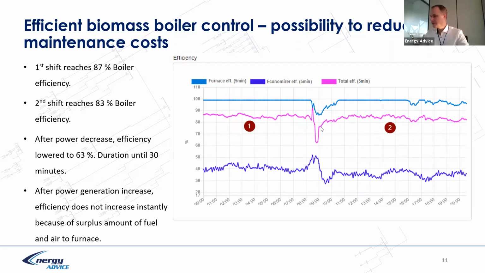You can see that the efficiency reached a steady, stable value not in the first half an hour, but only after nearly 2 hours. Why? Because the surplus fuel was added to the furnace, and this surplus fuel was burned through a couple of hours because of inertia effects. So in fact, the automation system was not capable of reacting to the process.